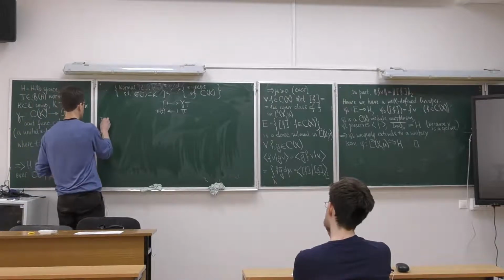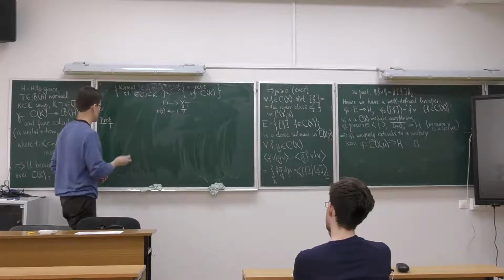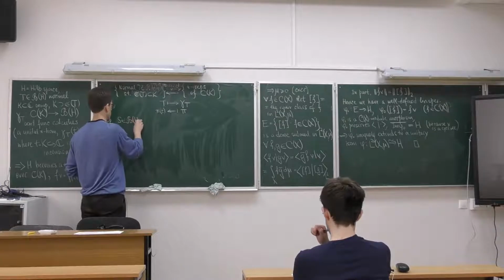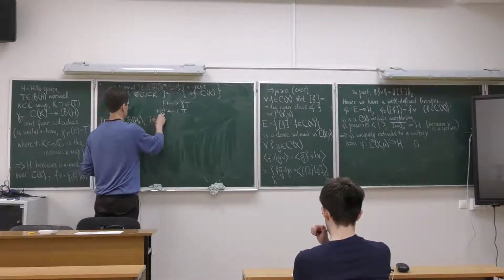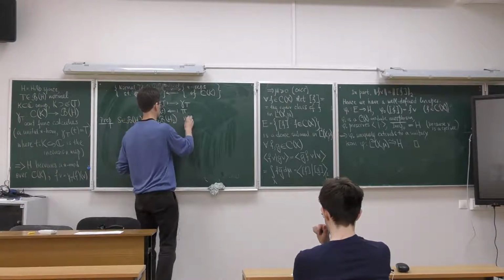We now have the following simple proposition. Now suppose that we have two normal operators, S, which is a normal operator on H1, and T, a normal operator on another Hilbert space, H2.